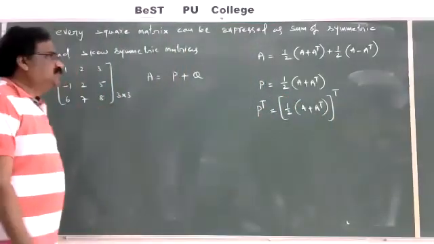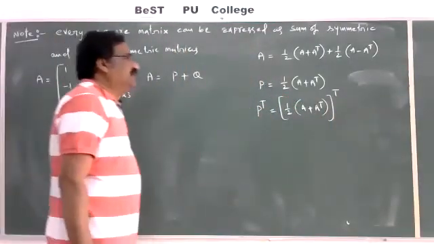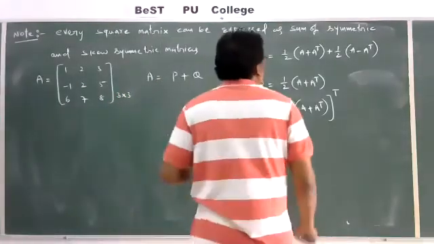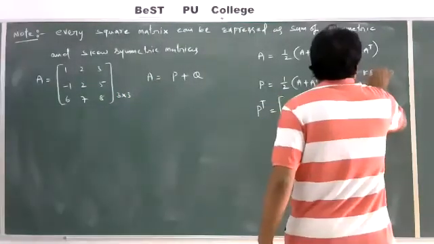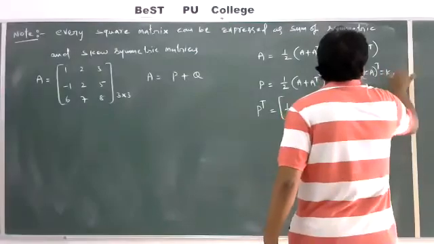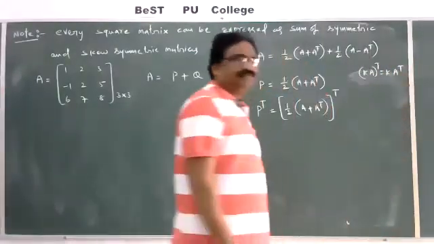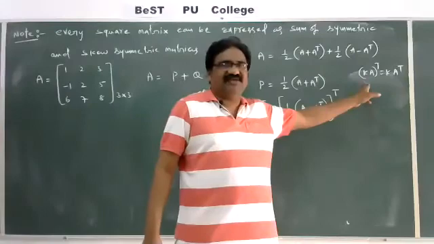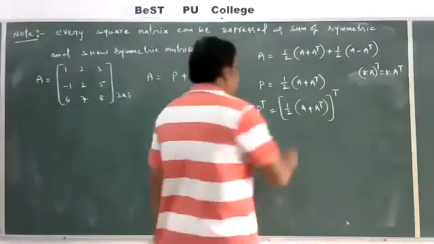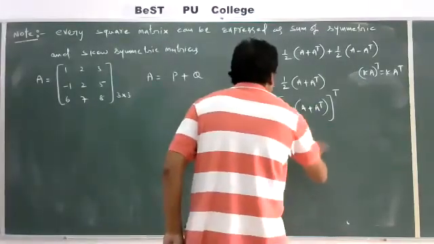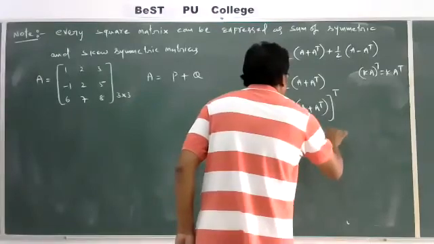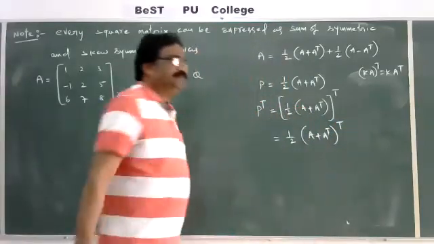By the property (kA) whole transpose is equal to k into A transpose, where 1 by 2 is k, we get 1 by 2 into (A plus A transpose) whole transpose.